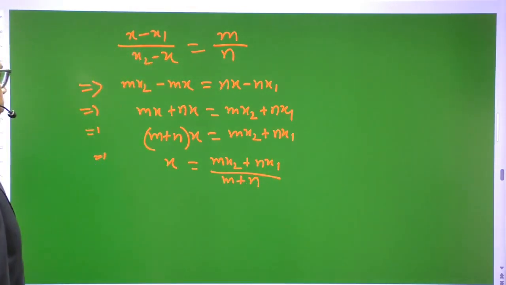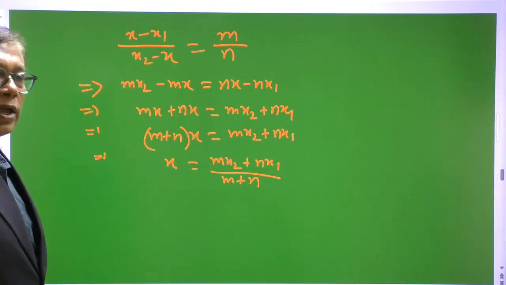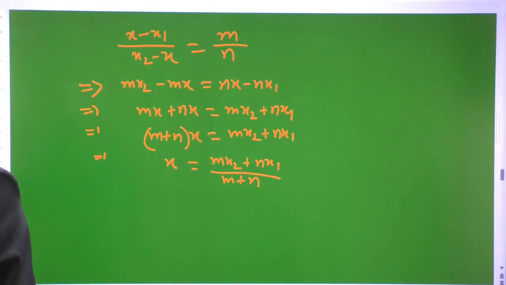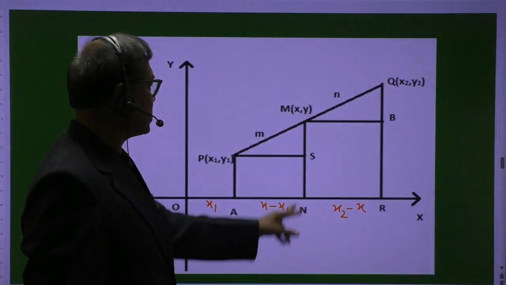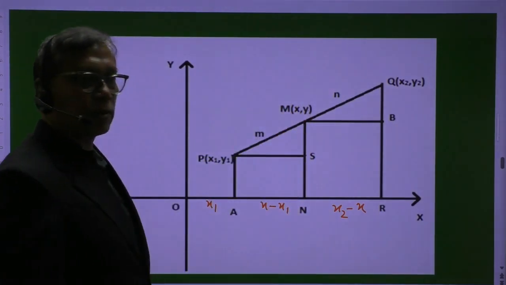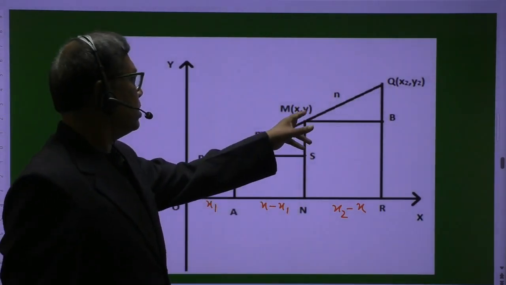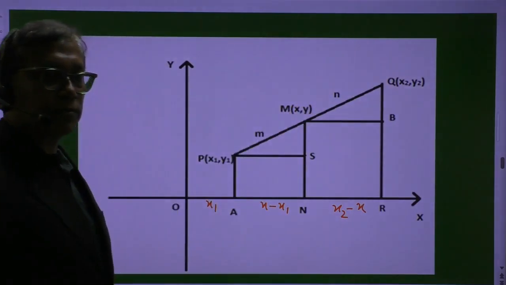Is it clear? So we got the x coordinate of the point M, which divides PQ in the ratio m is to n.